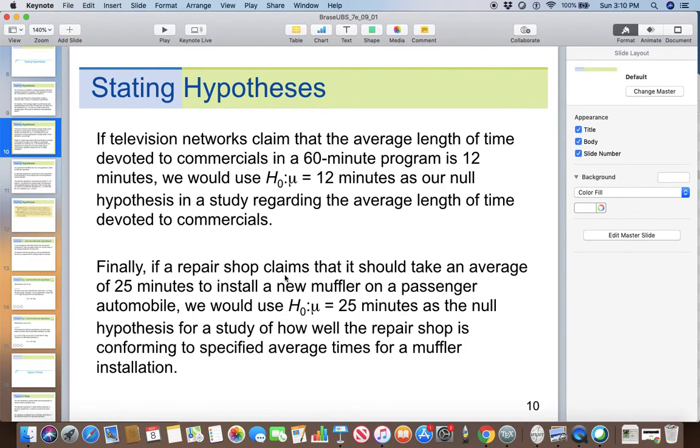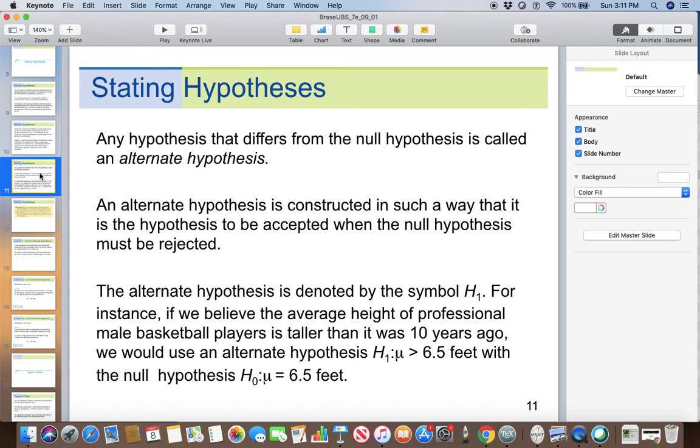Finally, if a repair shop claims that it should take an average of 25 minutes to install a new muffler on a passenger automobile, the null hypothesis is H0: mu equals 25 minutes, for a study of how well the repair shop is conforming to specified average times for a muffler installation.